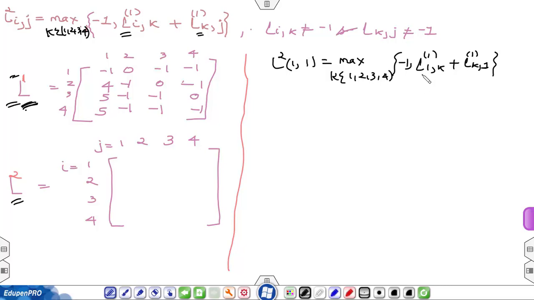This means row 1 is fixed, and in Lk comma 1, the row is varying and the column is fixed.